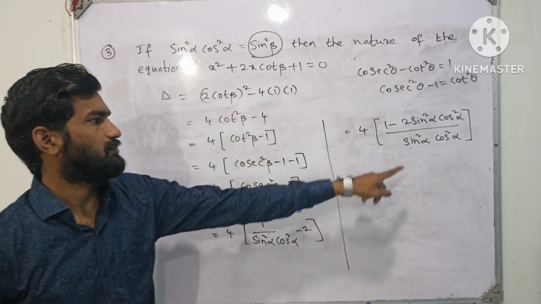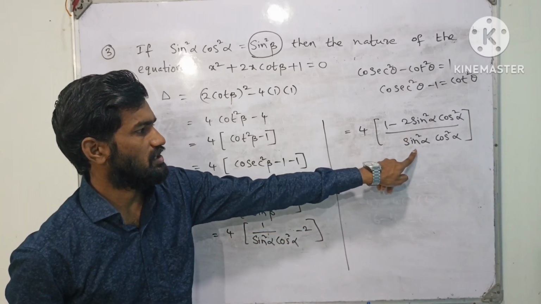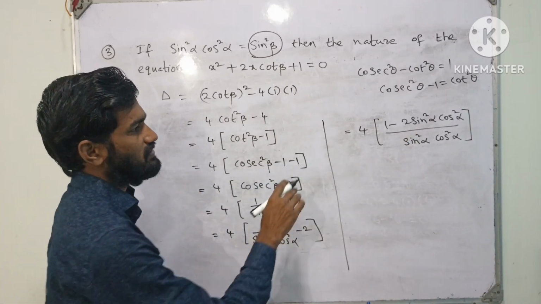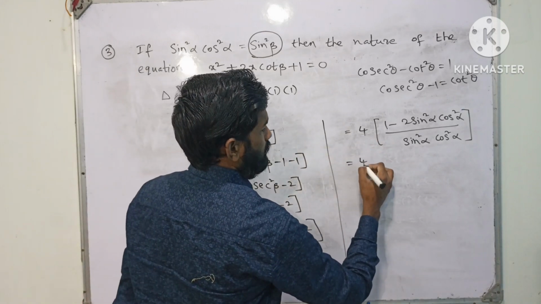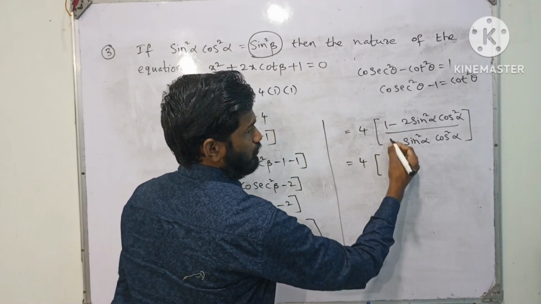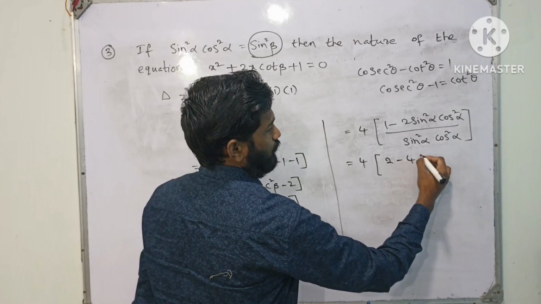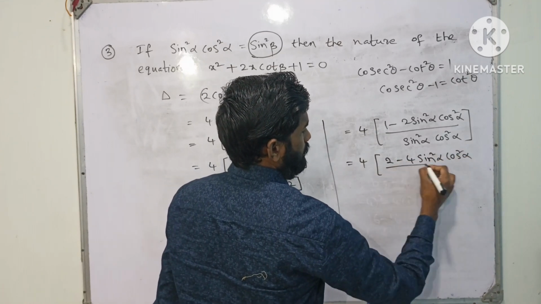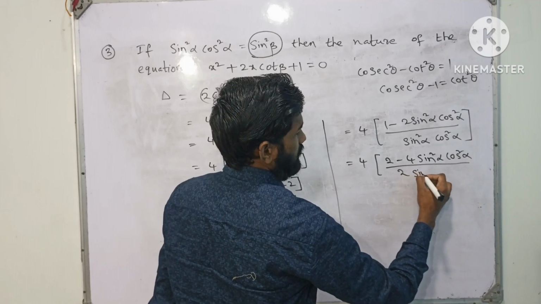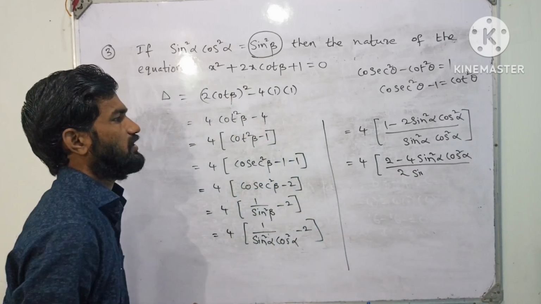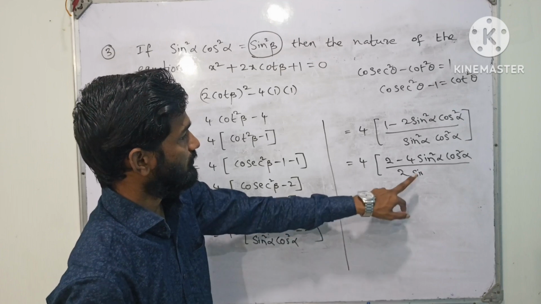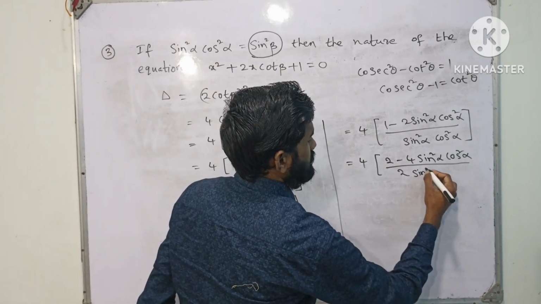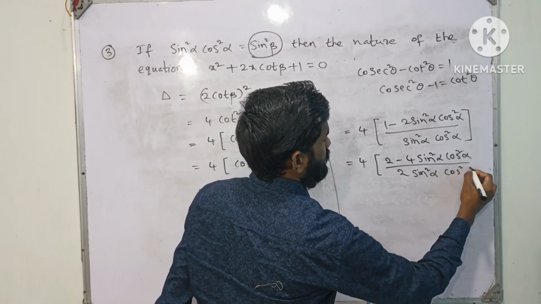Now here I am multiplying and dividing with 2. If I multiply both numerator and denominator with 2, what will you get? 2 minus 4 sine square alpha cos square alpha by 2 sine square alpha cos square alpha.